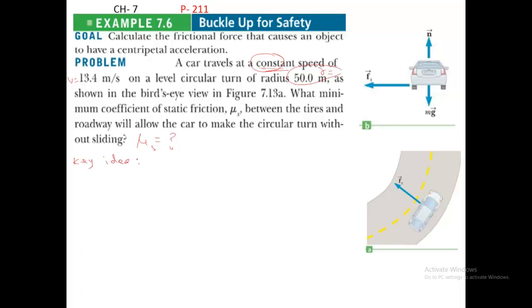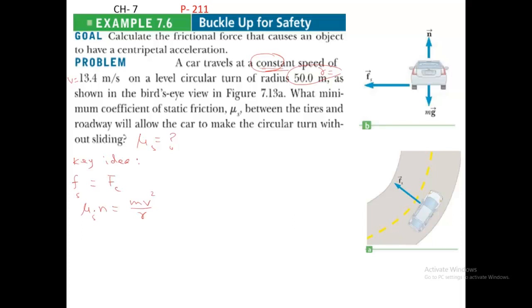So the force of friction, Fs, is equal to the centripetal force, because centripetal force is provided by the force of friction, and we have Fs equal to mu s, the coefficient of static friction, multiplied by the normal, and this is equal to mv square over r, the centripetal force.